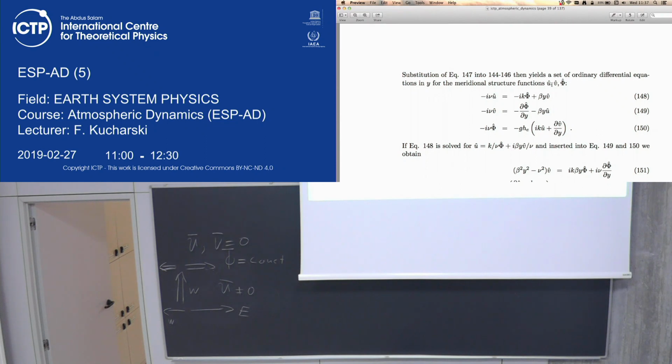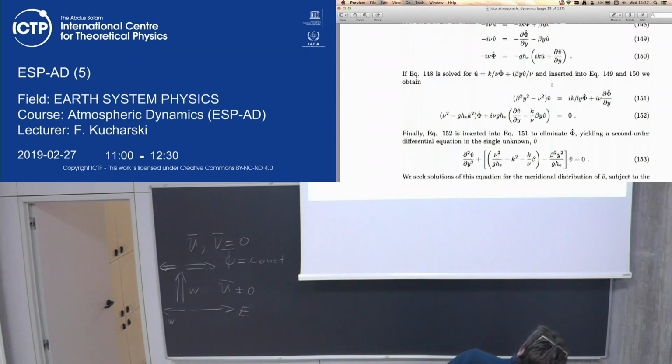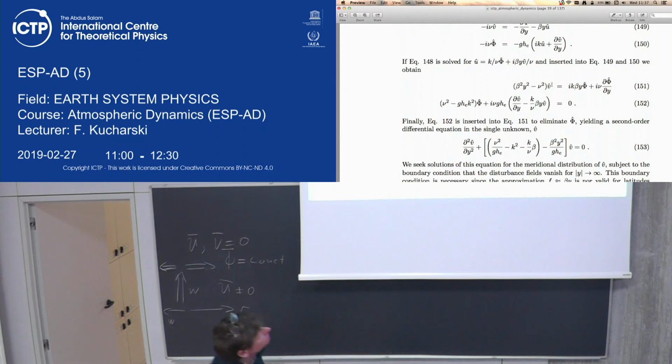They are not constant coefficients anymore, but they are functions of y. It's quite straightforward now to manipulate this equation. You can derive this equation from that and insert it in the other two equations, and then you eliminate the u component. It's just straightforward, basic math. And then you can again say, okay, this is an equation now for v hat and phi hat, so I eliminate phi to get just one equation.